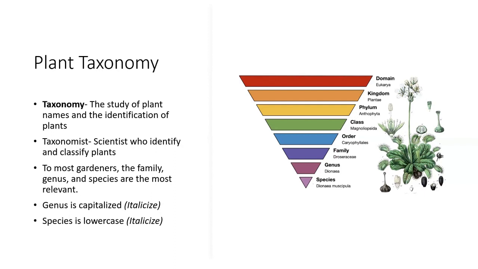Domain and kingdom are very broad, whereas when we get down to the family, genus, species, and eventually a cultivar or a variety, that gets extremely specific.